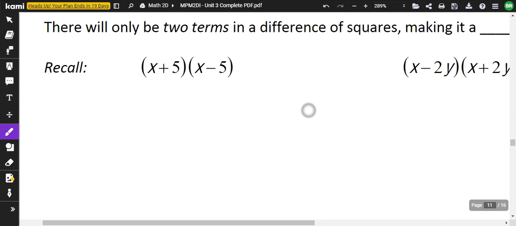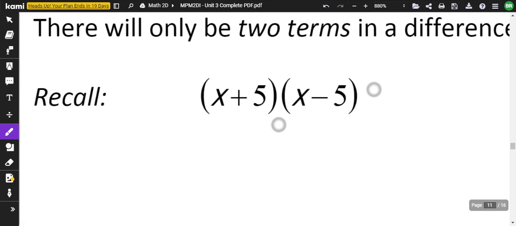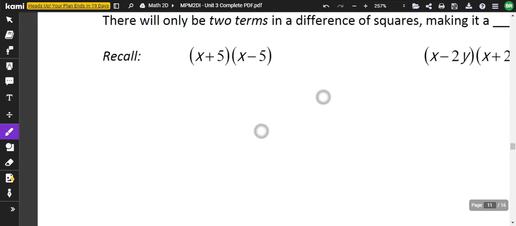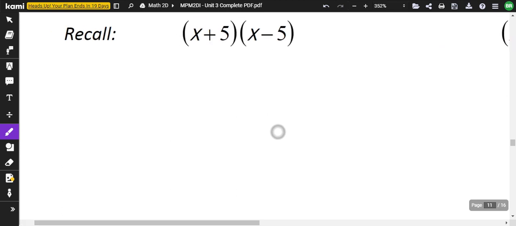So if I ever see this expanded result, I know I can factor it into these two terms where the front terms are the same, the back terms are the same, and the signs are different. That's what we're going to see. So let's expand and simplify this first one and see what happens.